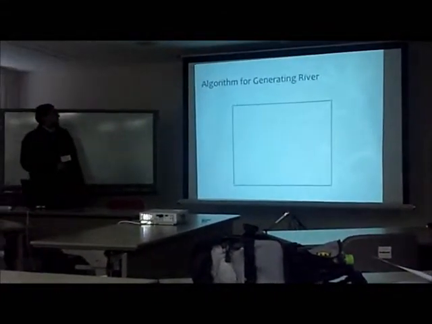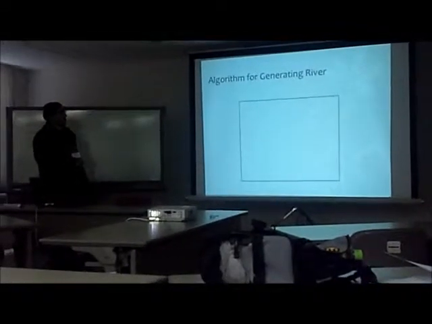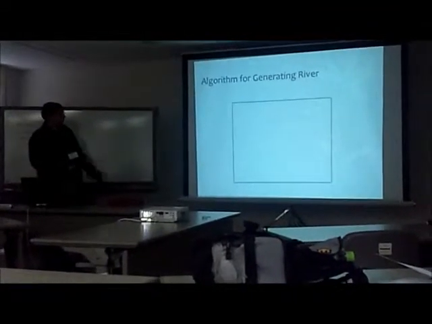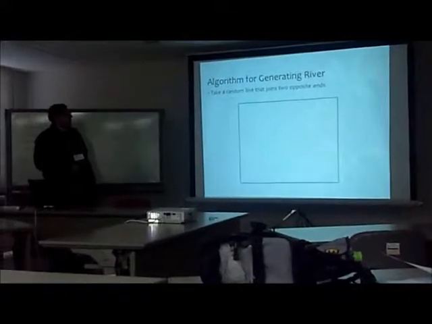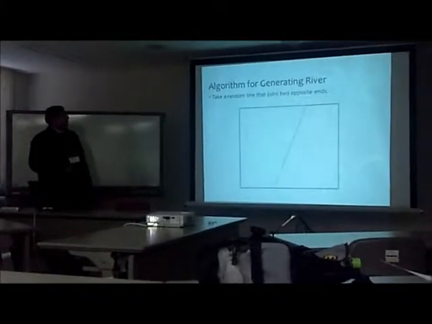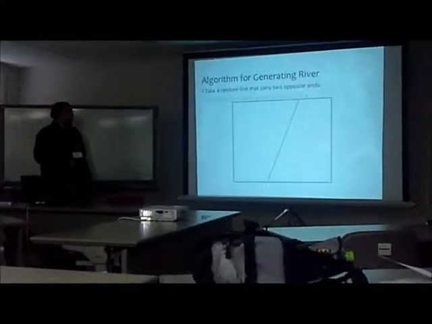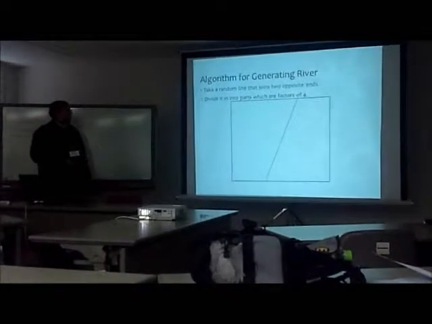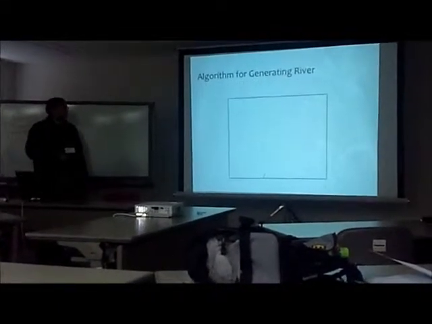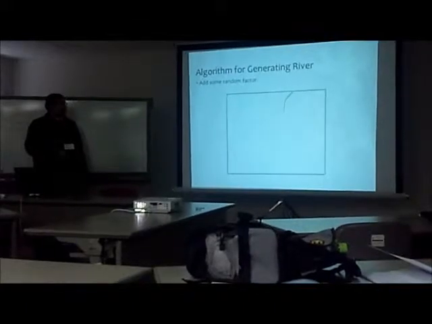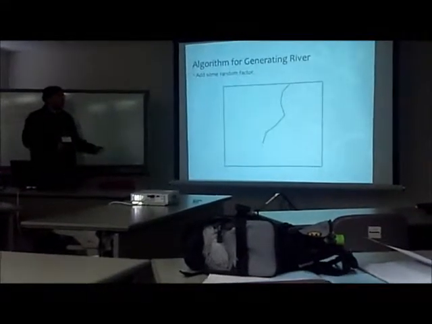Now the algorithm for generating the river is that you have this terrain, and you take a random line that joins the two opposite ends, and then you divide it into factors of 4. Then later you add some random factor to all those points, so you get a jagged line.